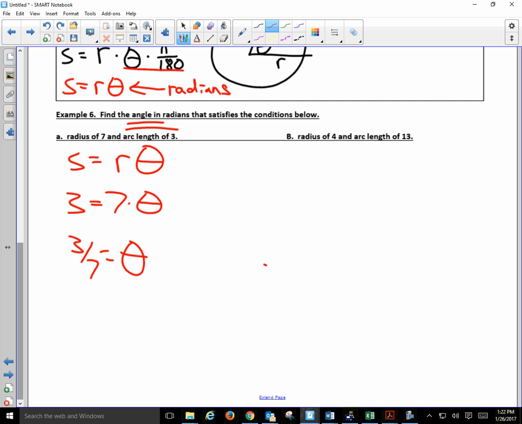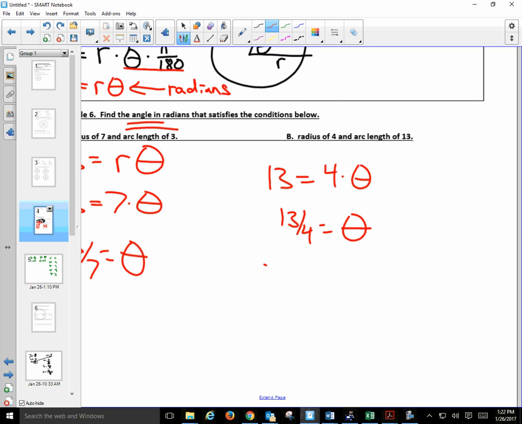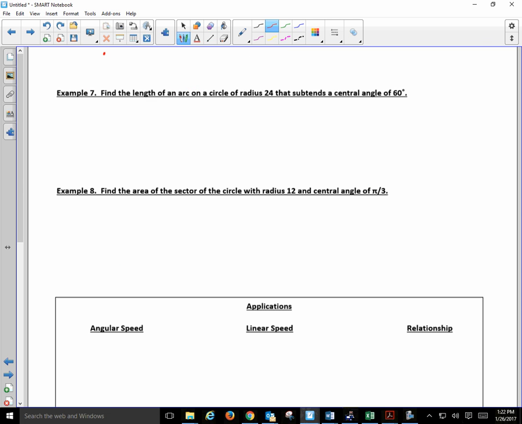Next one, S, 13 is equal to R, 4 times theta. 13/4 is equal to theta. So that's the equation at work. Let's look at it in context of an actual circle. Find the length of an arc on a circle of radius 24. So I draw a circle.